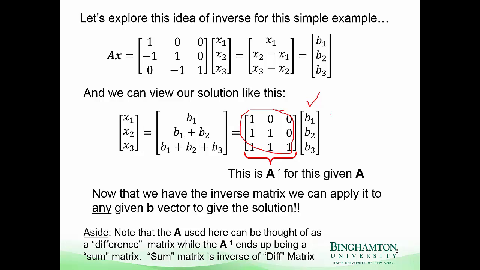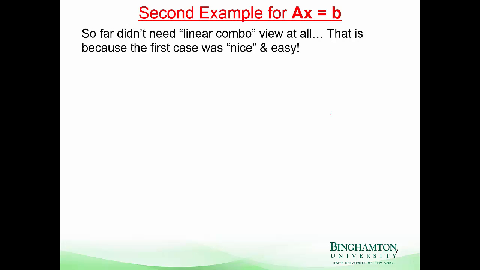And if you look at the inverse matrix, it's like taking sums of the elements of B. And so he goes into a little aside how this difference matrix and sum matrix are kind of reverses of each other, kind of in the same way that differentiation and integration are reverses of each other. So that's a little aside that's not terribly important, but you can pay attention to it if you want or not. Let's look at our second example.